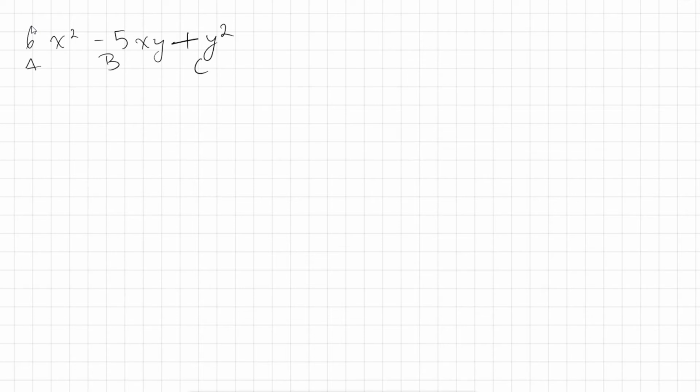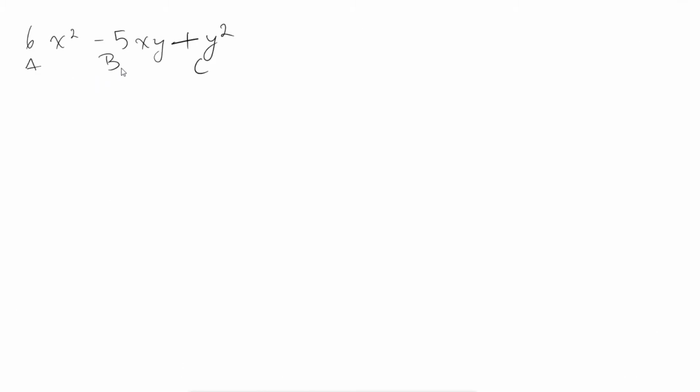I'm going to look for a common factor, but there is no common factor that I can divide 6x squared and negative 5xy and positive y squared by to get anything different. So we're just going to leave it at that. So I need two numbers that add up to be my b, my negative 5, and multiply together to be my a times c, or 6 times 1, or 6.